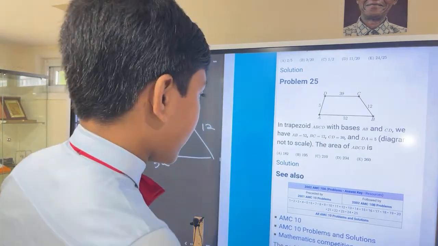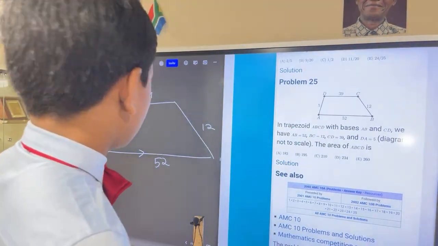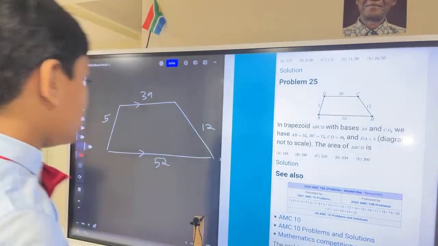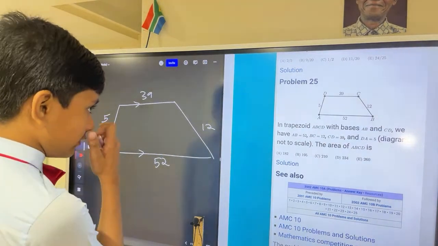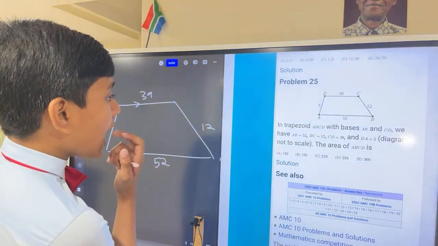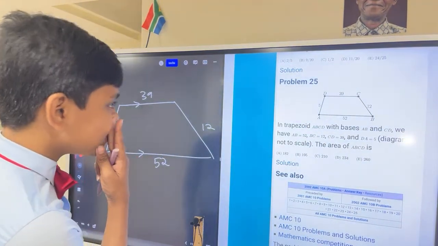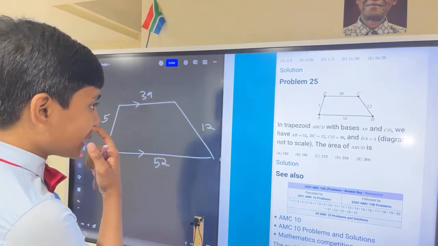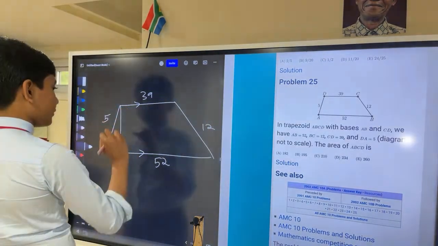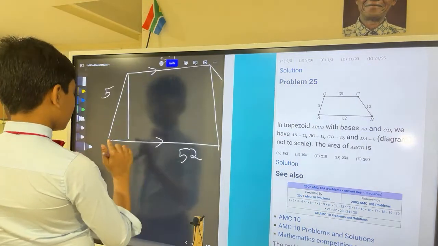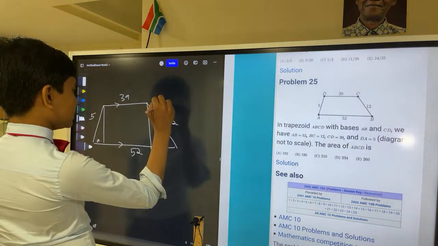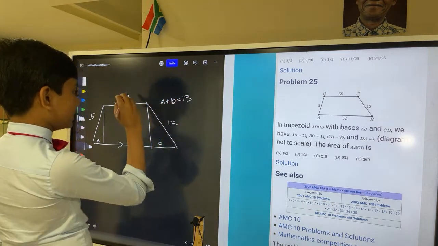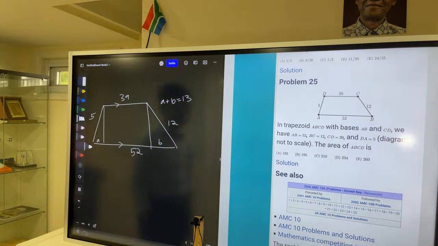So we'll give that a try. What else do we know? Not much, to be for sure. Okay, put your thinking cap on. Oh, I have an idea. We do know that if we call this A and this B, A plus B has to be equal to 13 because that's the difference between 52 and 39.